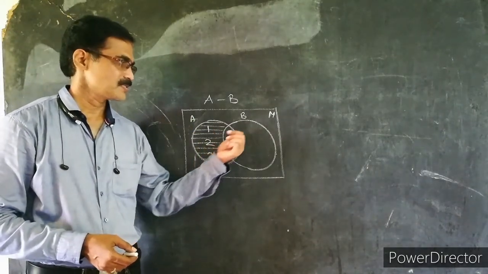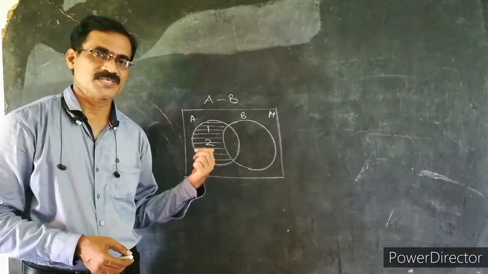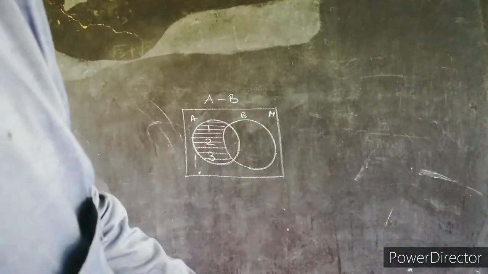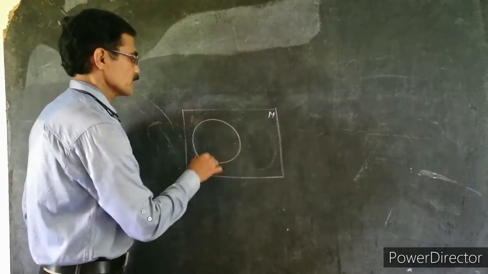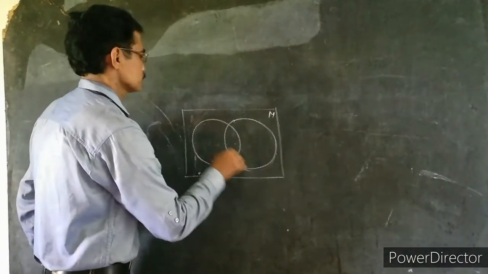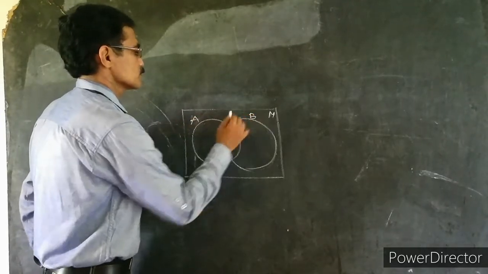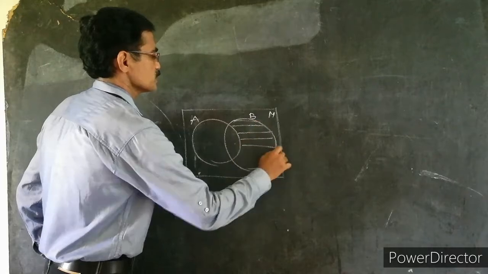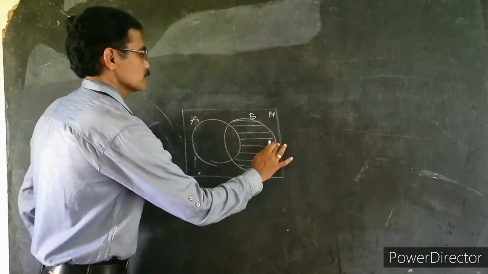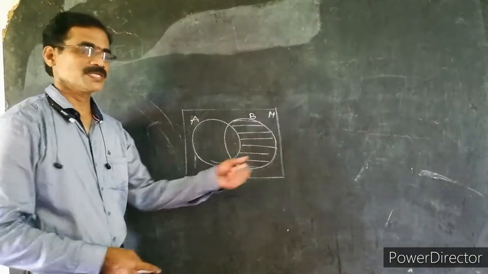Just you can imagine that only B part should be shaded. B minus A. Same A, B you write here only shading in B set. Okay. What are the elements in only B?